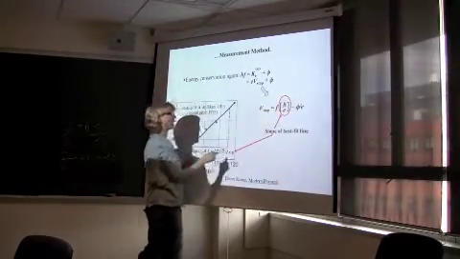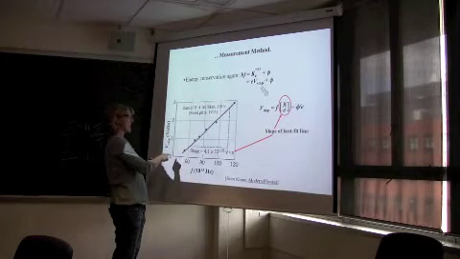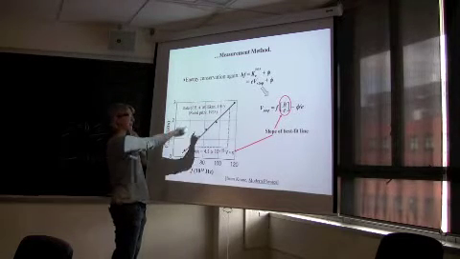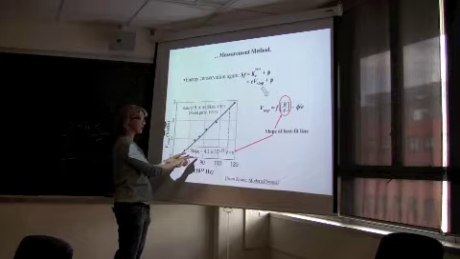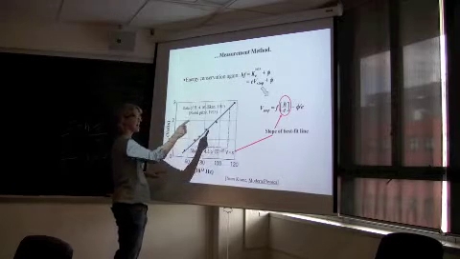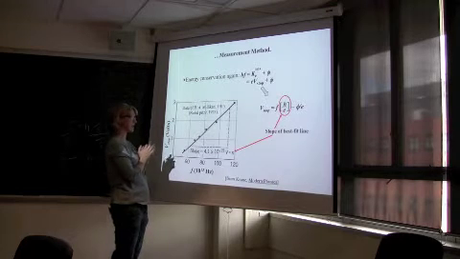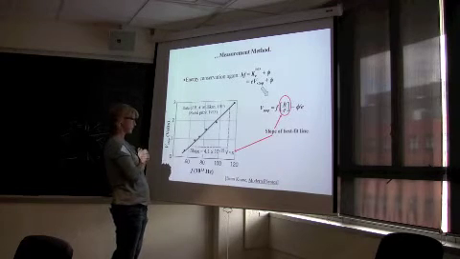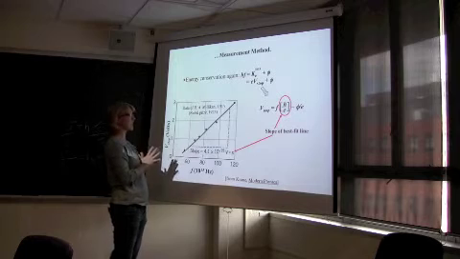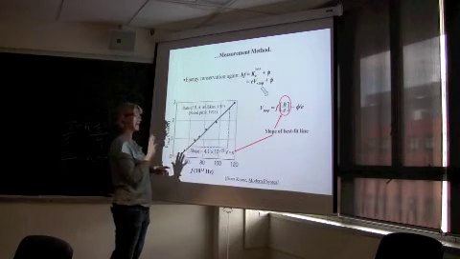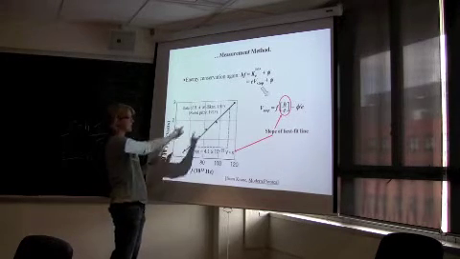The slope of that line is going to give us h over e. The slope has units of voltage times seconds, and if we multiply it by coulombs, then we'll have h by itself. So we can measure that slope.